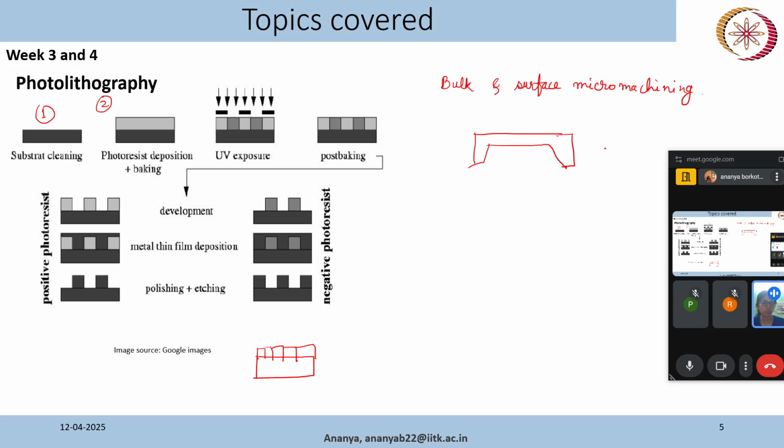And in case of surface micromachining, we will remove some portion at the top, at the surface. These micromachining processes in general, we need to make MEMS structures, for example a cantilever, a suspended beam, all these things.